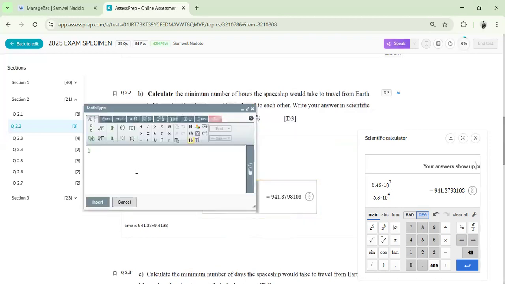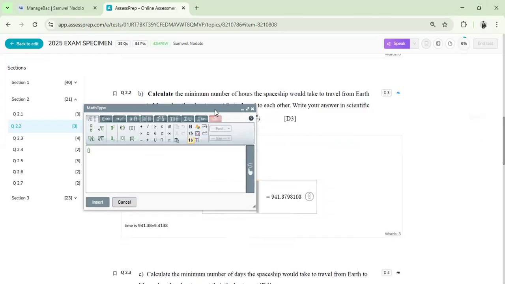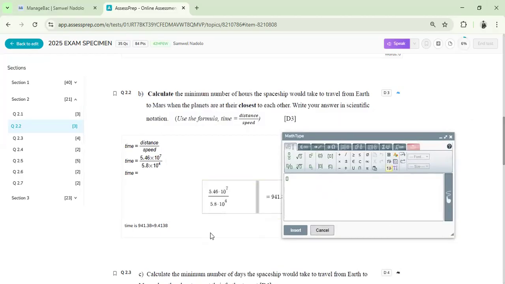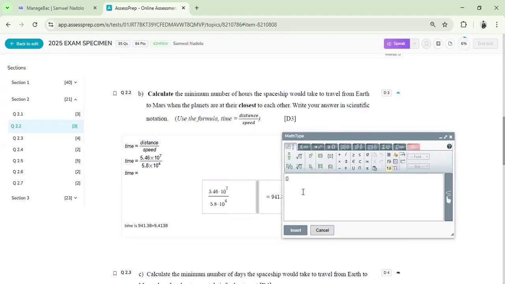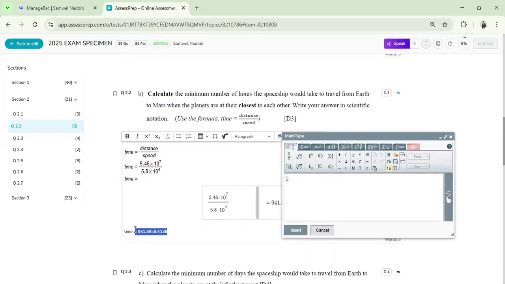Let's write on this other side. You can close your calculator. So let's write what we have written here.